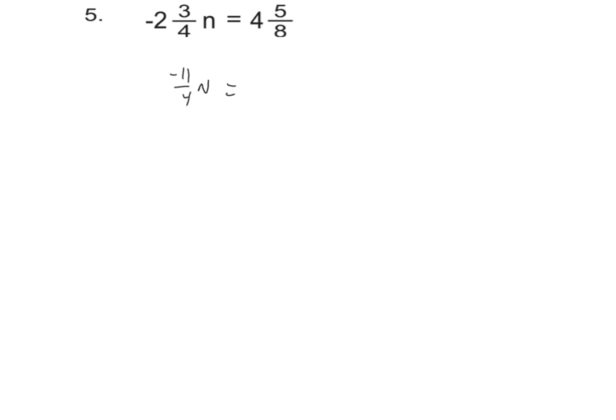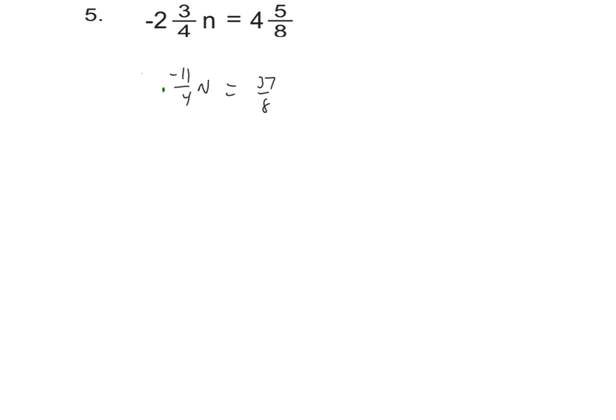And Raph, what's your right-hand side? 37/8. Agreed. Now in a problem like this, don't say anything out loud. What's going to be the next step? What is the next step? Chloe? Multiplying both sides by the reciprocal. So tell me what to multiply both sides by. 4 over -11.